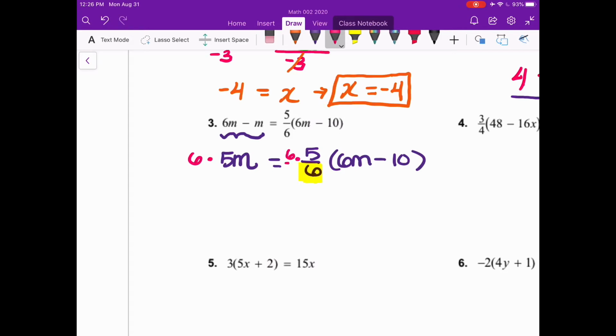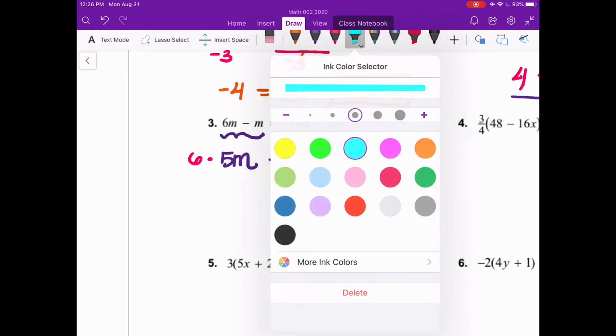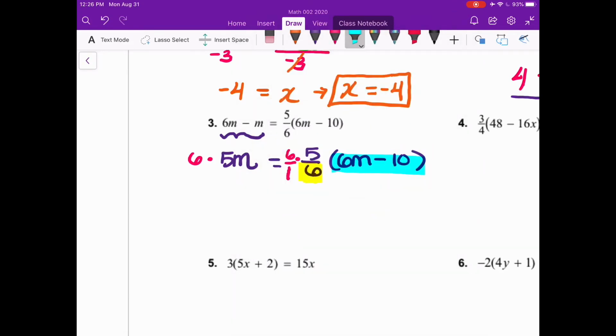Since it's a fraction, I'm going to write it as 6 over 1. Notice I am not going to multiply anything in the parentheses by 6 over 1. Anytime two terms are attached by multiplication, they count as one big term. So this 6 right here, if I just multiply it by 5 over 6, it's automatically happening to these two as well. So I don't need to multiply the pieces inside.